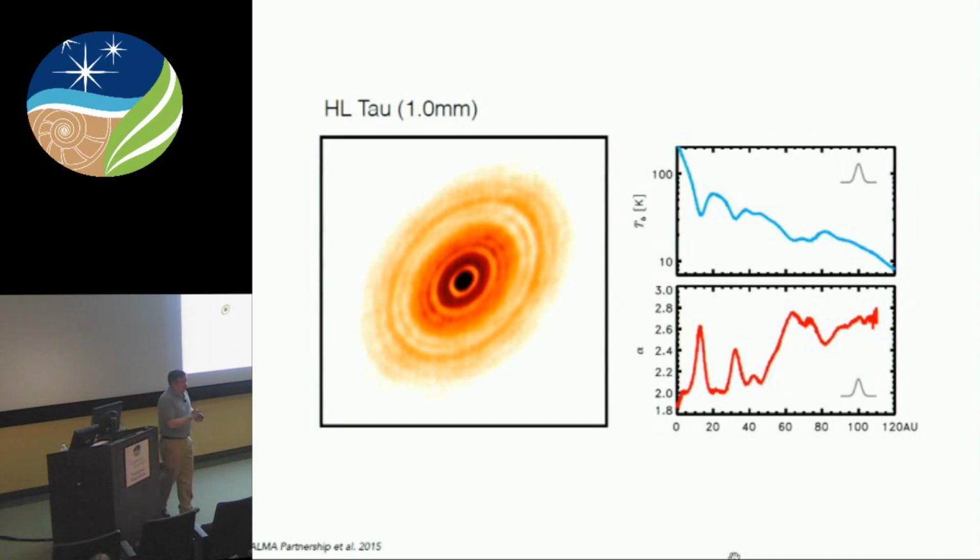I also remember a colleague of mine coming down the hall and asking me if I'd seen this image yet, and I hadn't. And he's like, yeah, there's a bunch of rings. And I was like, that can't be right. And then sure enough, someone emailed me the image. I have to admit, my immediate reaction was complete fascination. And then 30 seconds later, it was just the sheer panic of realizing everything is wrong. Everything I've ever done is wrong.